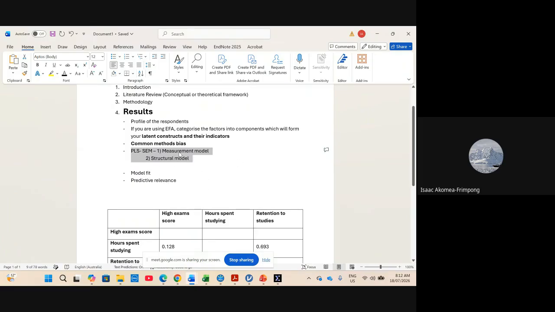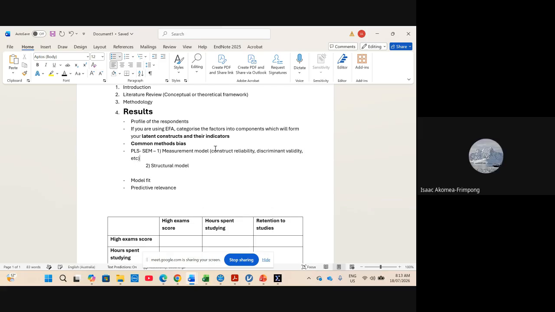When you run it, the first thing you check is the measurement model. Within the measurement model, you check things like construct reliability and discriminant validity, to make sure the measurement model is okay.